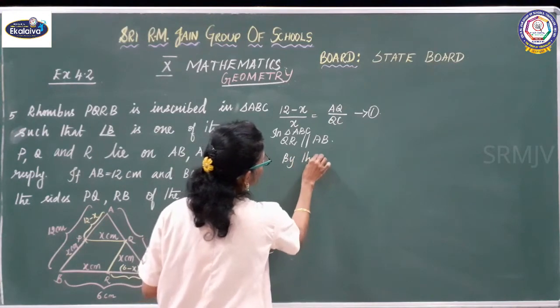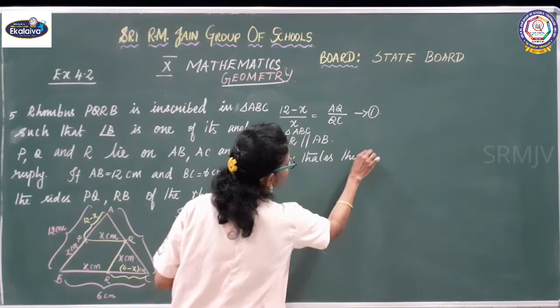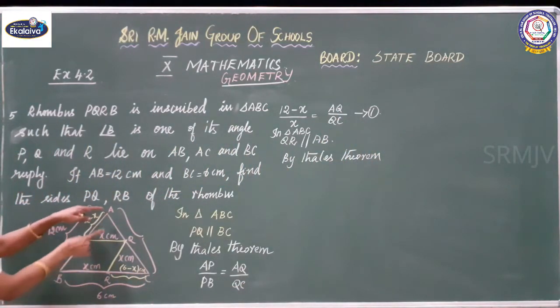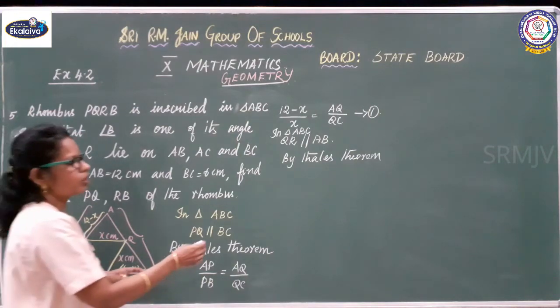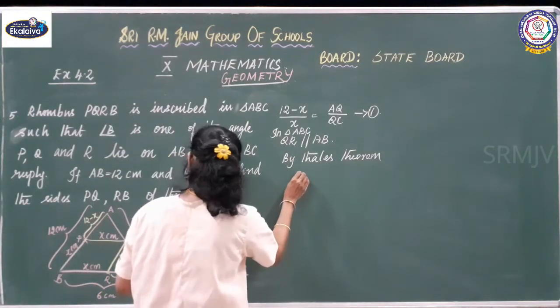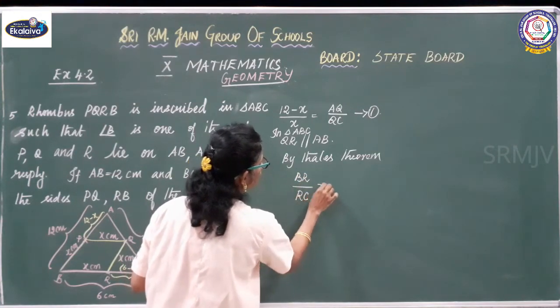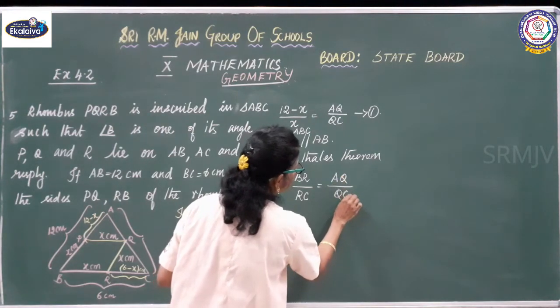By Thales theorem, what is the conclusion? AQ divided by QC equal to BR divided by RC, right? BR divided by RC equal to AQ divided by QC.